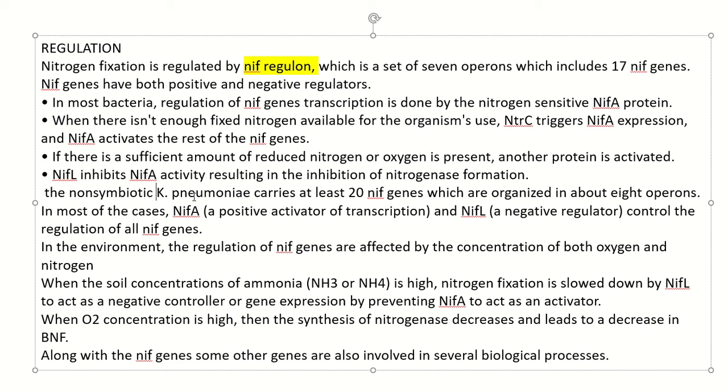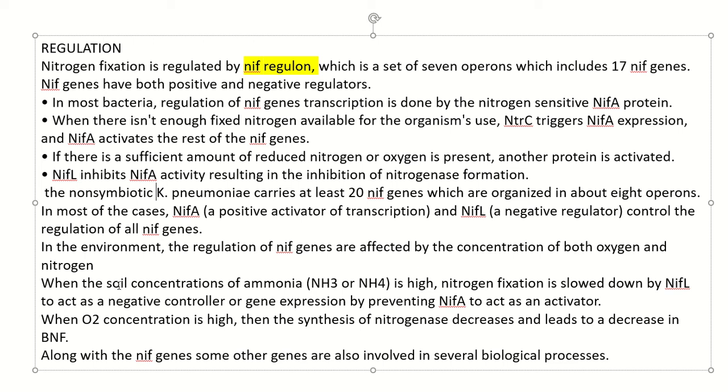As I said previously, Nif genes have both positive and negative regulators. So NifA is a positive activator of transcription, and NifL a negative regulator. L means negative, A means positive. That controls the regulation of all Nif genes, whether it is 21, 20, or 17.